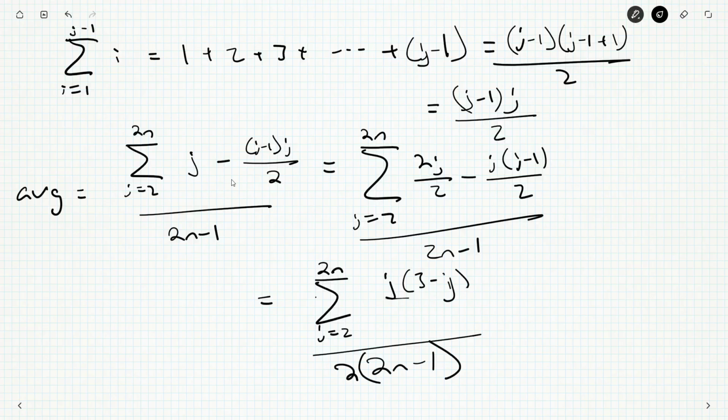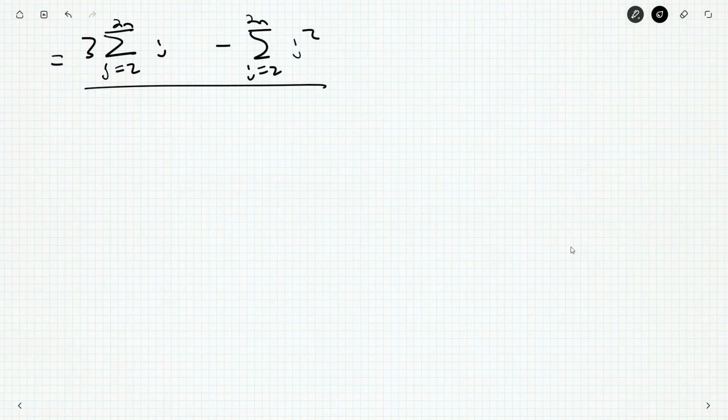And I can write the top part now as 3j minus j squared. And I suppose I could separate out this sum here. So I can go from j equals 2 up to 2n of 3 times j, minus the sum from j equals 2 up to 2n of j squared, all over 2 times (2n minus 1).